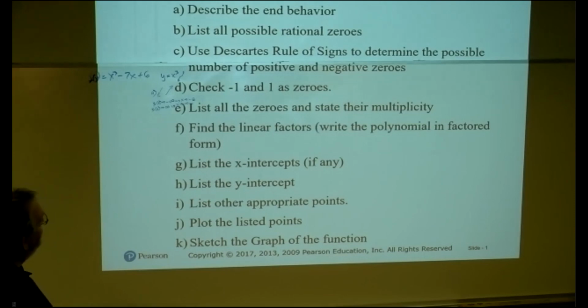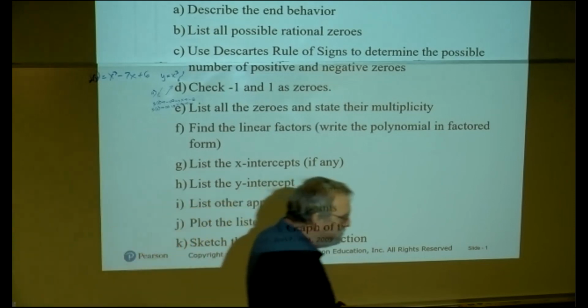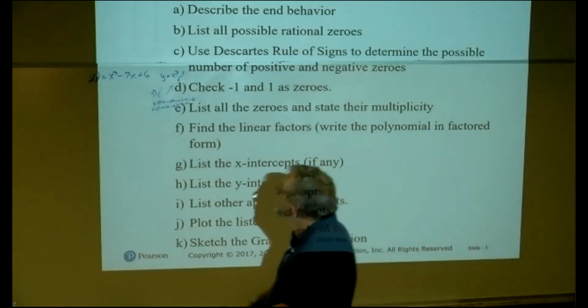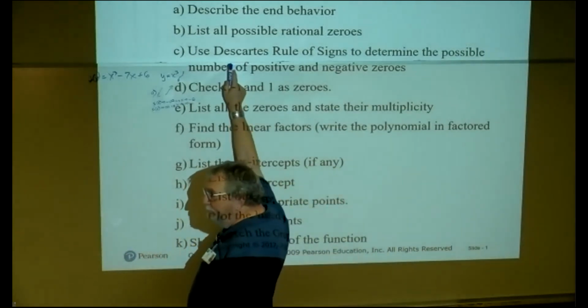So now letter B is we're going to find all the possible rational zeros. So how do we find the possible rational zeros? How do we do letter B?